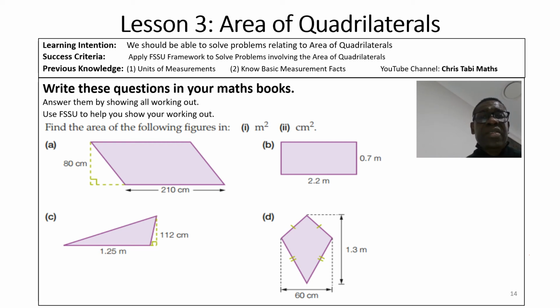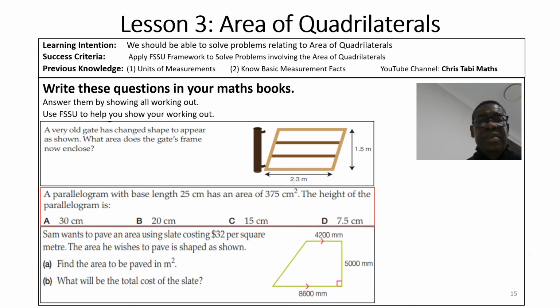Apply FSSU to show your working out. Once you finish writing the questions, you can proceed to the next slide. These are additional questions, reasoning questions you need to do. So write them in your books with the diagrams and answer the questions.